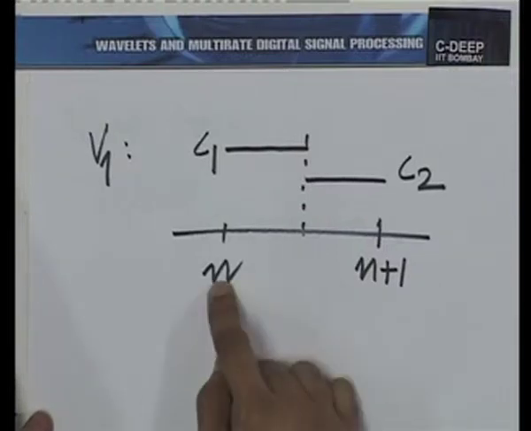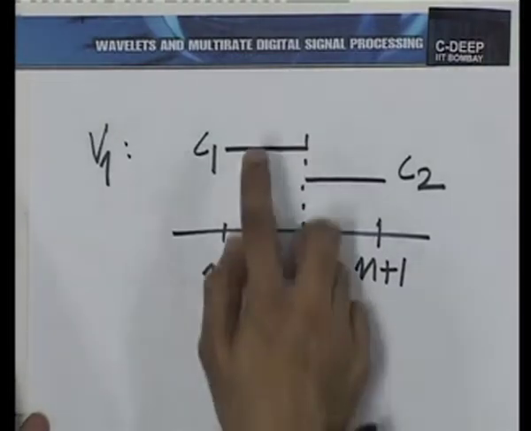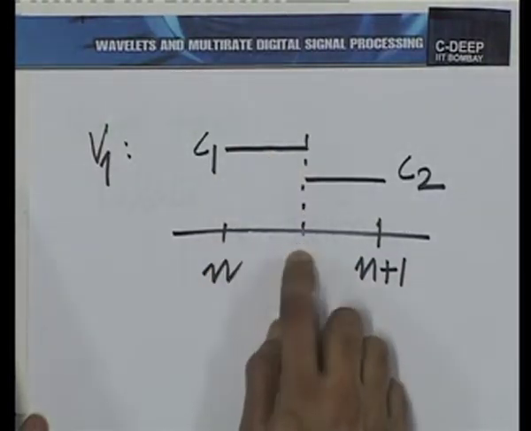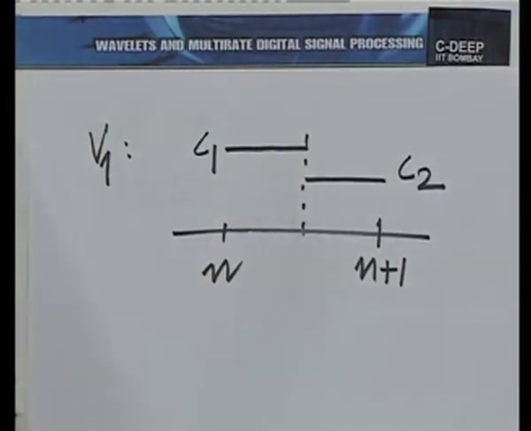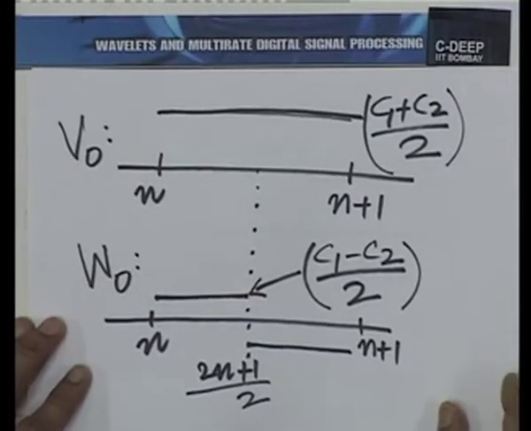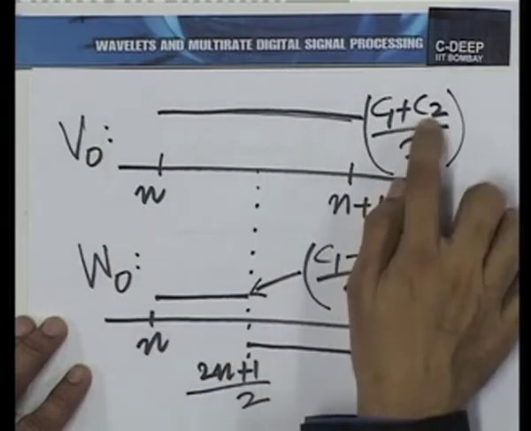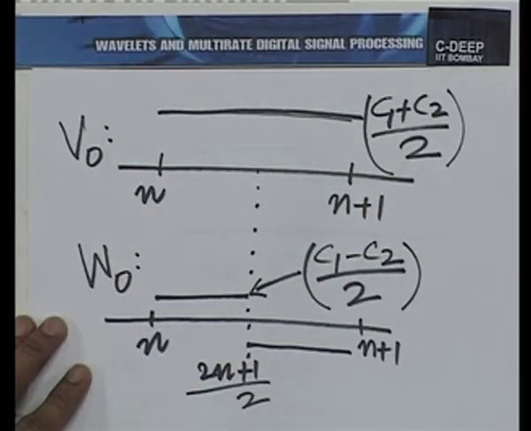You see, P at the value 2n is C1, P at the value 2n plus 1 is C2, P0 at the point n is C1 plus C2 by 2, Q0 at the point n is C1 minus C2 by 2. Let me write down all these formally. So, I have a relationship there. I have almost done my job.